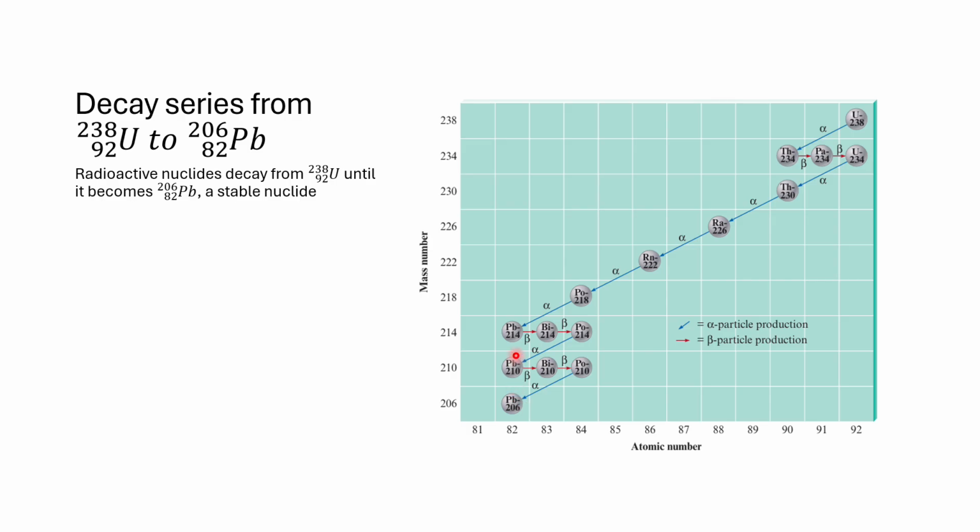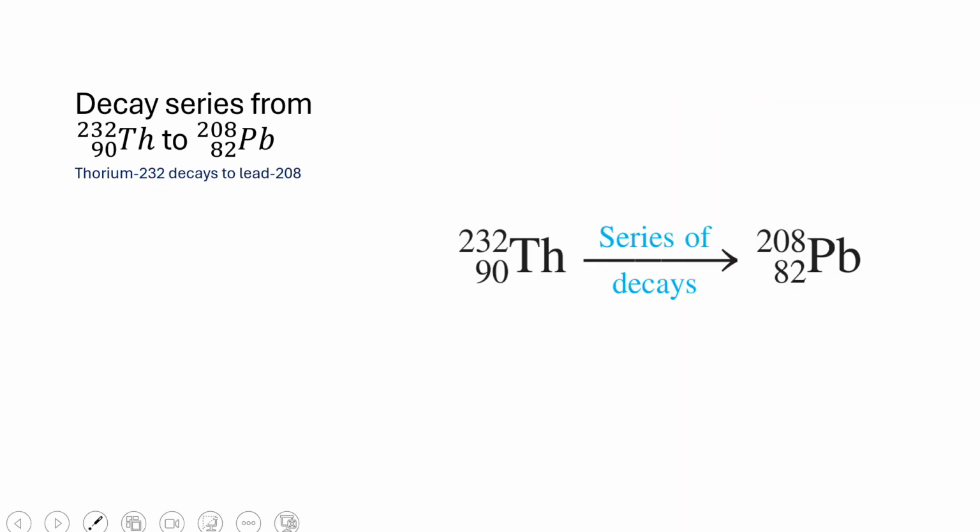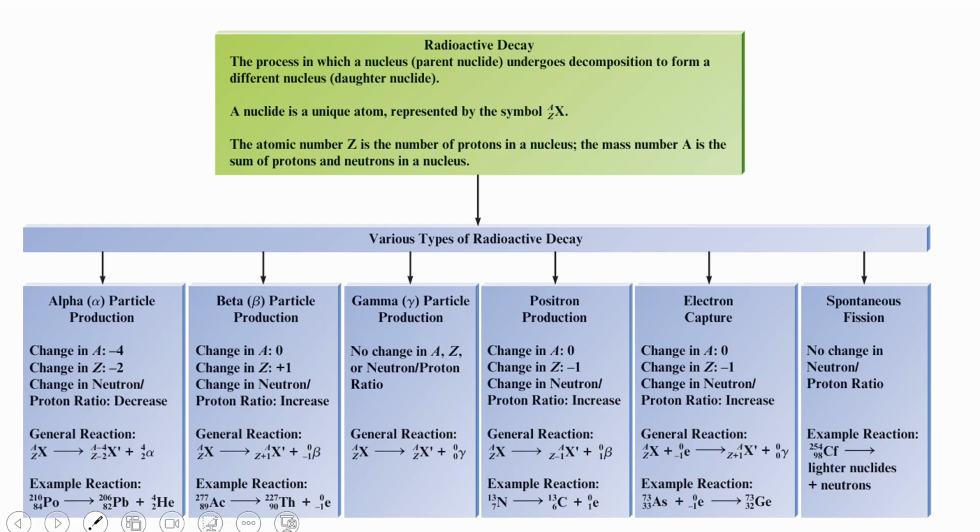So that's how radioactive elements go through radioactive decay until they become stable, right? And we have another decay series from thorium 232 to lead 208. So it undergoes a series of decays as well. This is just another summary of radioactive decay. You can see this in your PowerPoint that I will post.